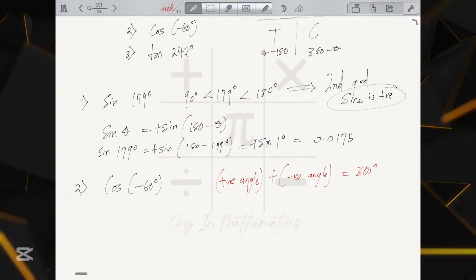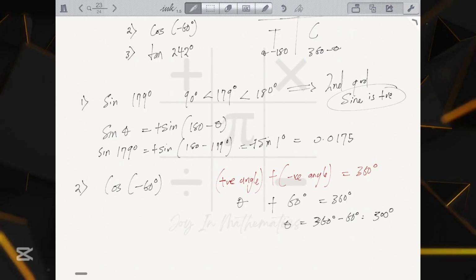So the positive angle we are looking for here is theta, and the negative angle is 60 degrees. Therefore, theta is equal to 360 degrees minus 60 degrees, which is 300 degrees.